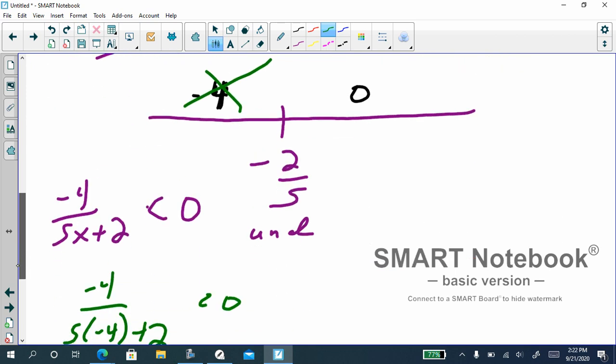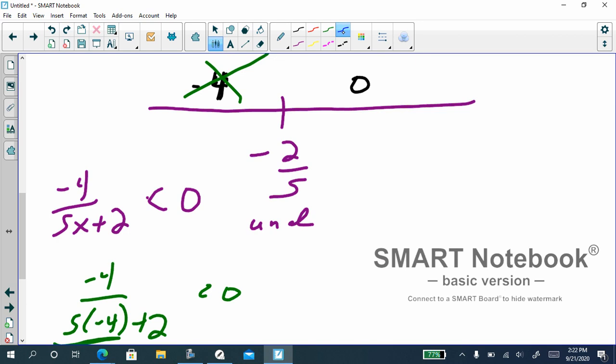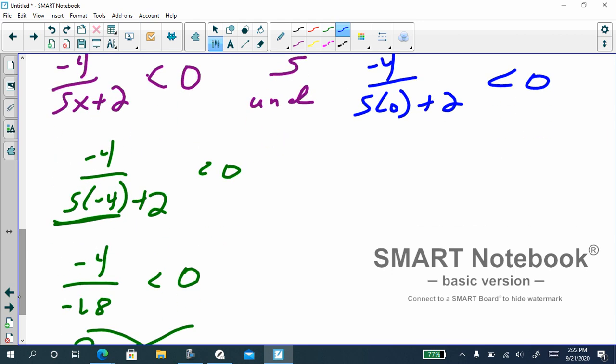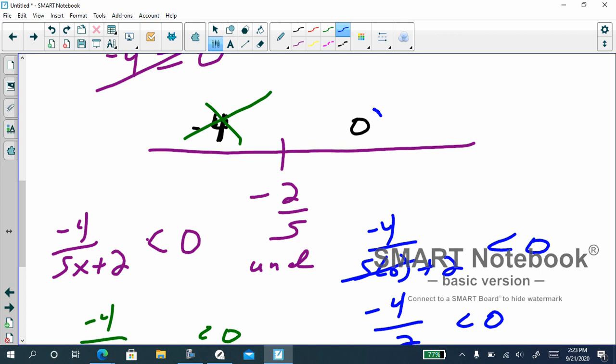Now, let's see if plugging in 0 for x works. We get negative 4 on top, 0 plus 2 on bottom. So we get negative 2, and that does work. Since that works, we're going to highlight that interval.